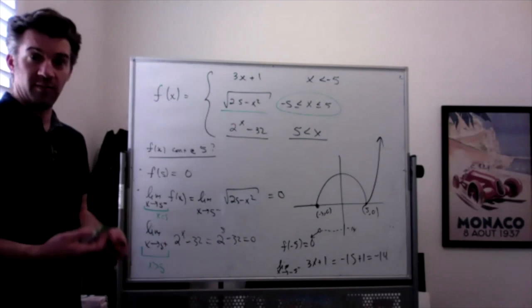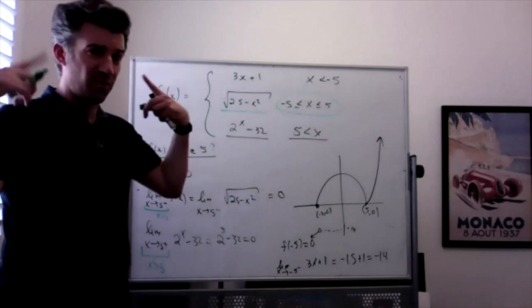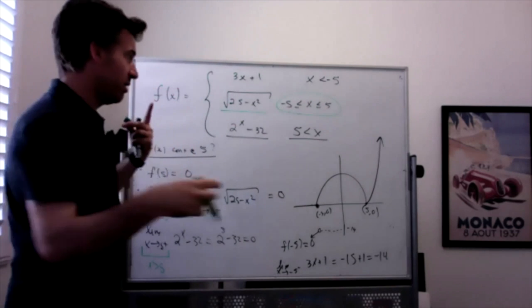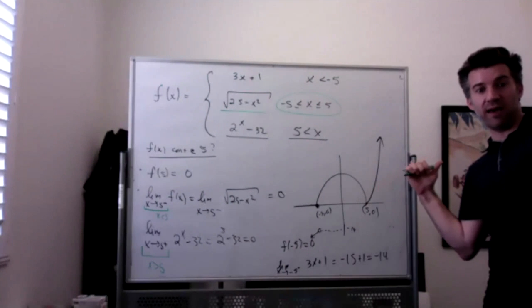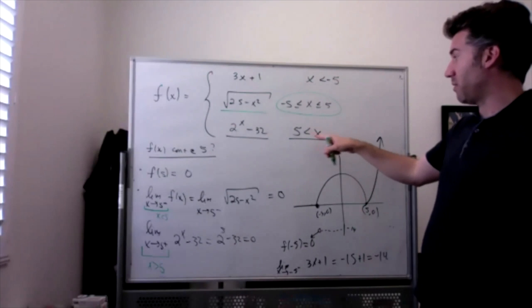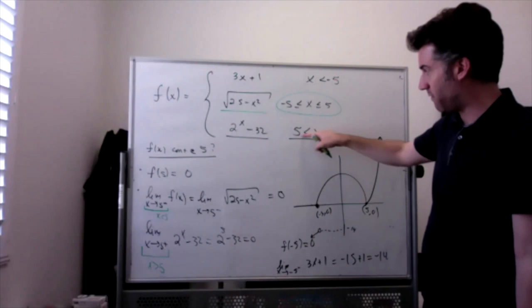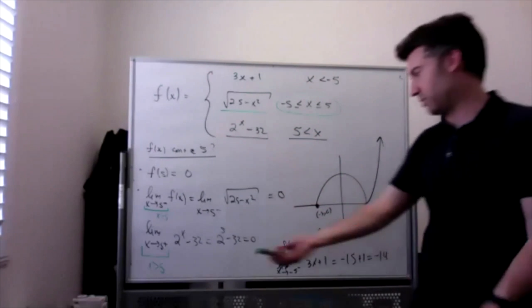Because when I'm thinking on the right of 5, I'm just thinking of the number line. If this is 5, I'm on this side of 5, like 6 and 7 and a million. So if x is bigger than 5, I'm using this piece of the function. So that's why I'm using that piece there.